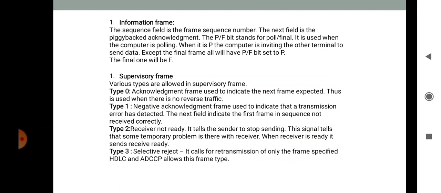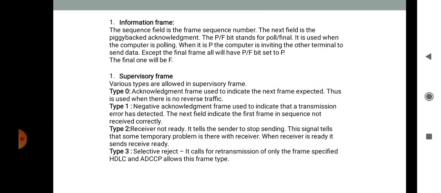The sequence field is the frame sequence number, and the next field is the piggybacking acknowledgement. The PF bit stands for poll or final. It is used when the computer is polling, and when it is P, the computer is inviting the other terminal to send data. Except the final frame, all will have the PF bit set to P, and the final one will be F.